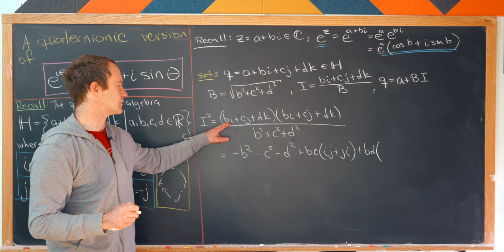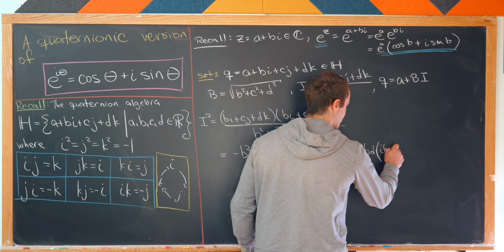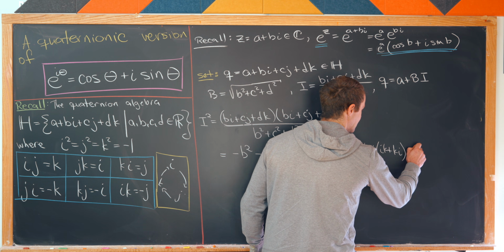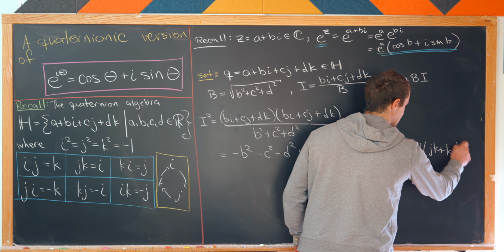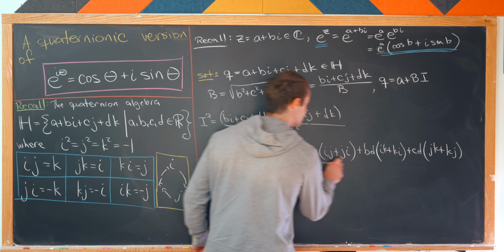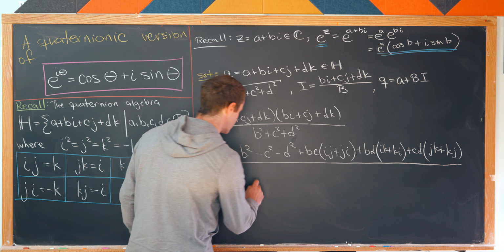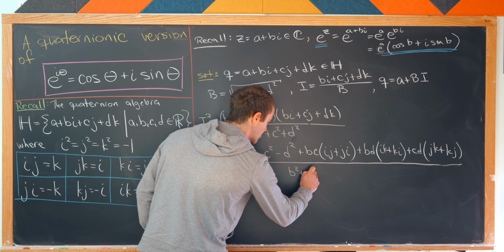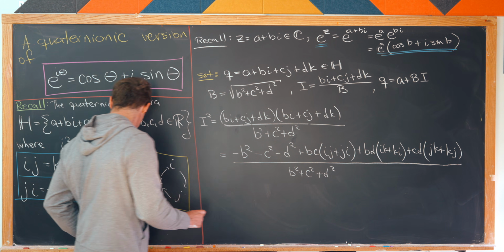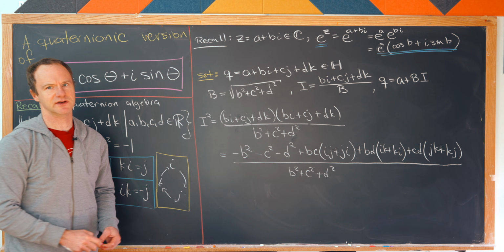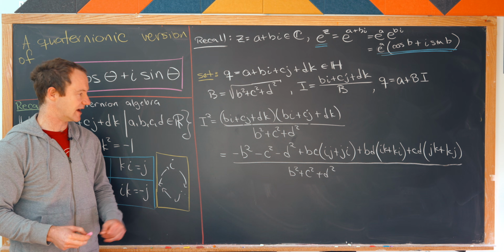That coefficient will be i times k plus k times i. And then finally for c times d, we'll have j times k plus k times j. And this is all over capital B squared, which again was b squared plus c squared plus d squared. And now lots of you are probably screaming at me to cancel some things out, and that's what we'll do right now.